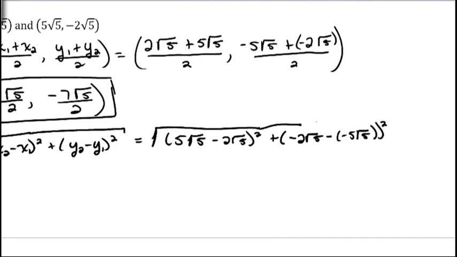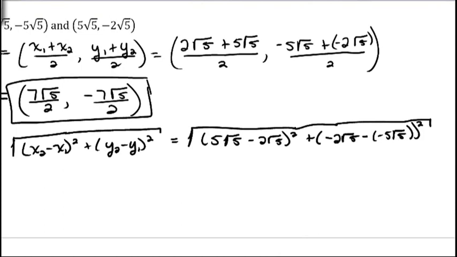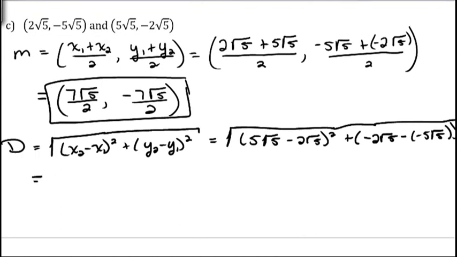And then we have to square that. 5 square root of 5 minus 2 square root of 5 is going to be 3 square root of 5. And square it.